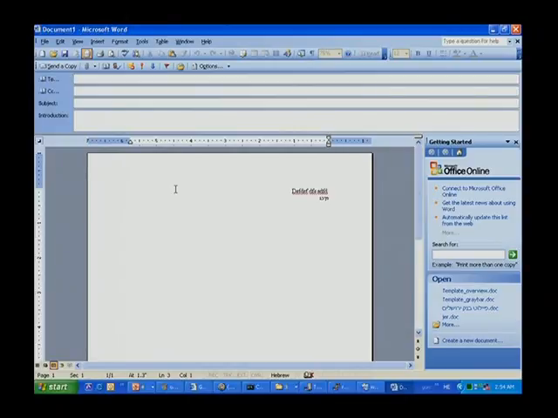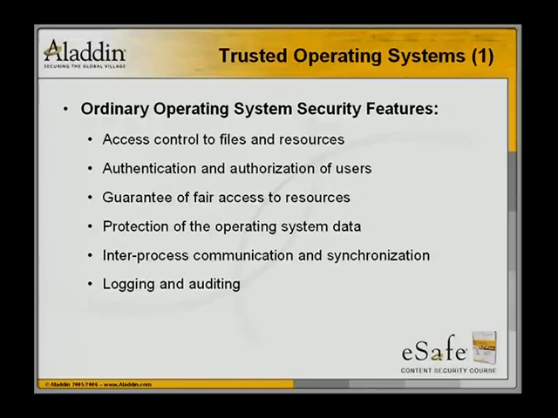So basically in the background it needs to make sure that Word is able to access Outlook but does not misuse the privileges in Outlook. So this was an example. Let me go back to the slide. This was an example of inter-process communication and synchronization between two processes.